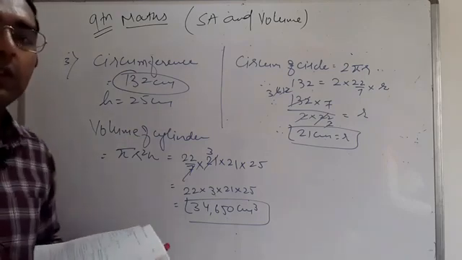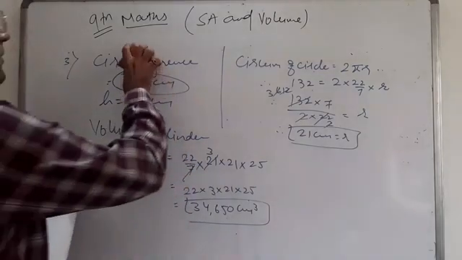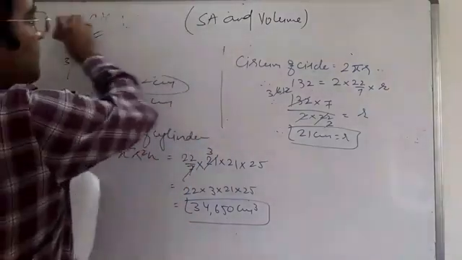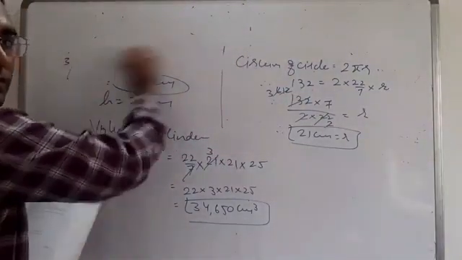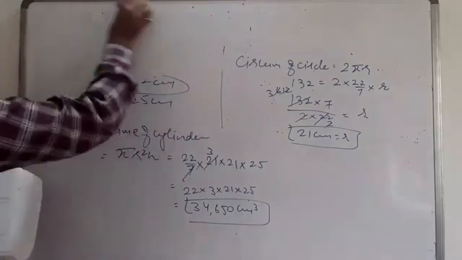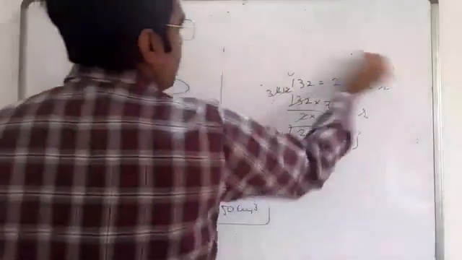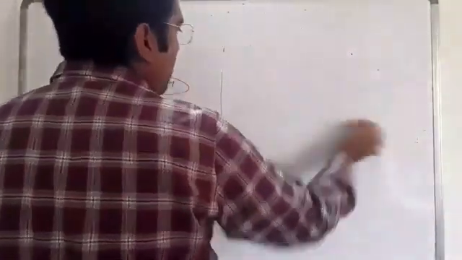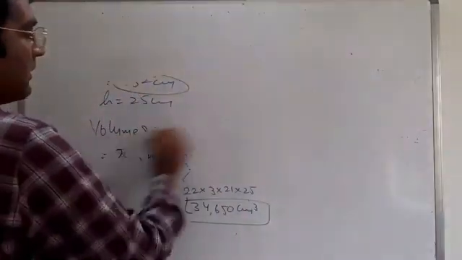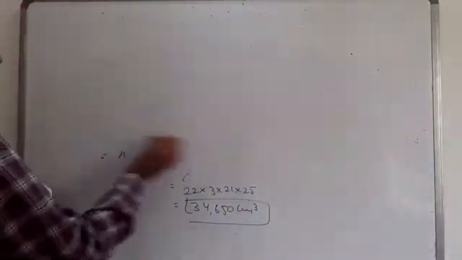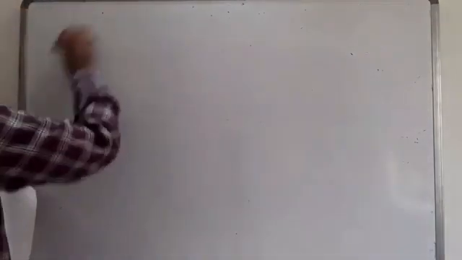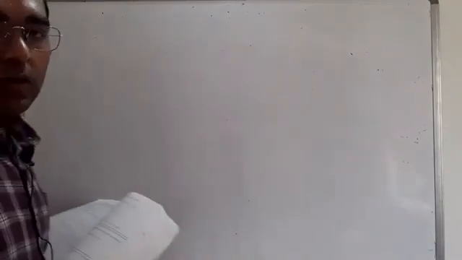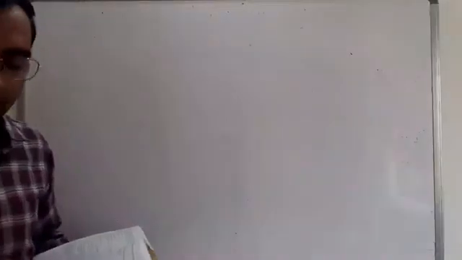Now we are moving to the next question. My next question is also about a hollow cylinder, which I already told you about, that one of the questions is given as a hollow cylinder.